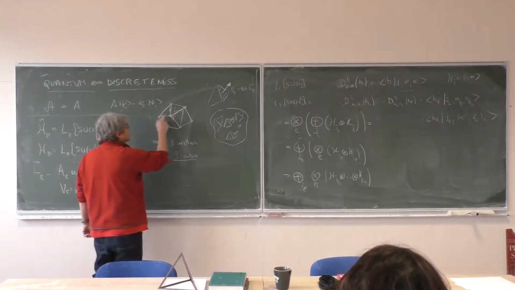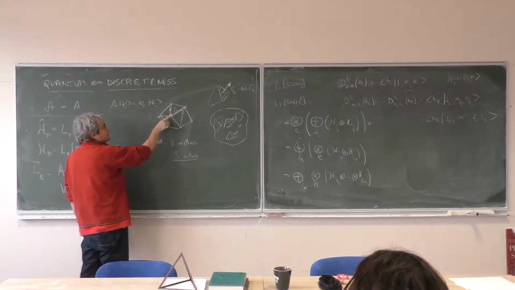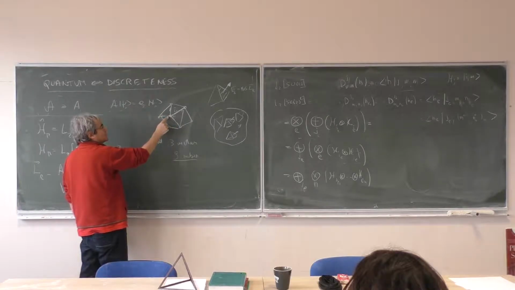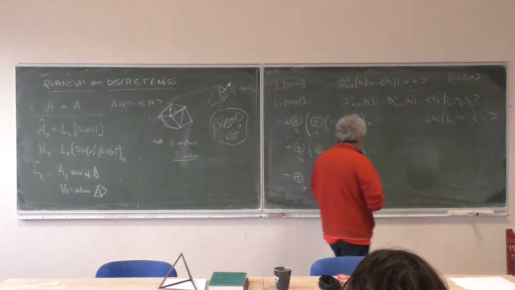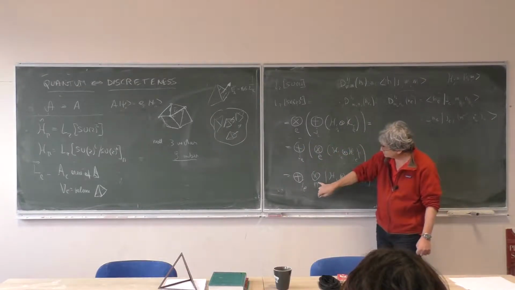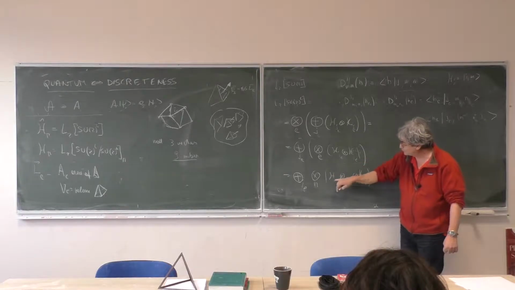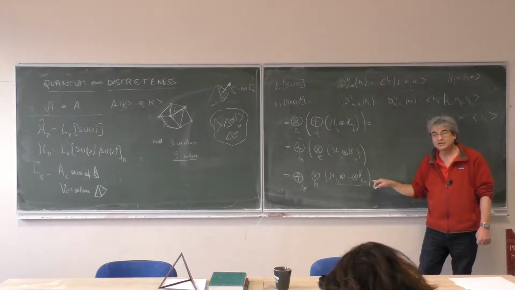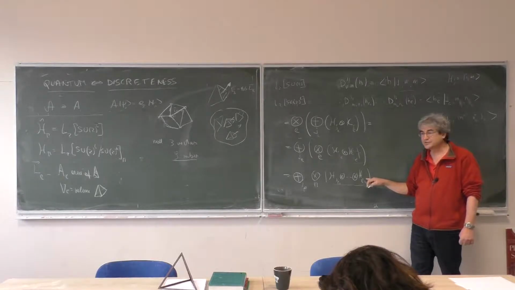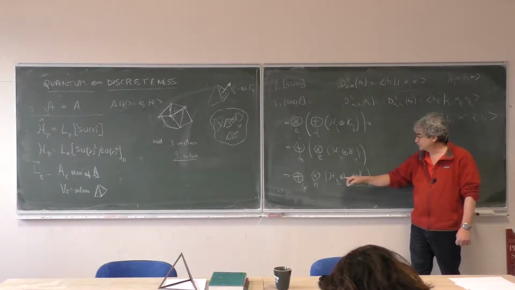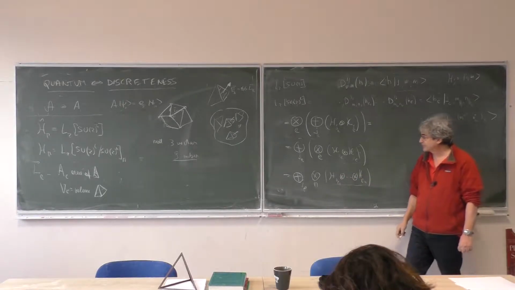It only acts on these four links, and it only acts on the index. Say these are all oriented outgoing, all on the source link, on the first one. So in other words, a gauge transformation on a given node N acts only on these four Hilbert spaces associated to the four links coming out of it.